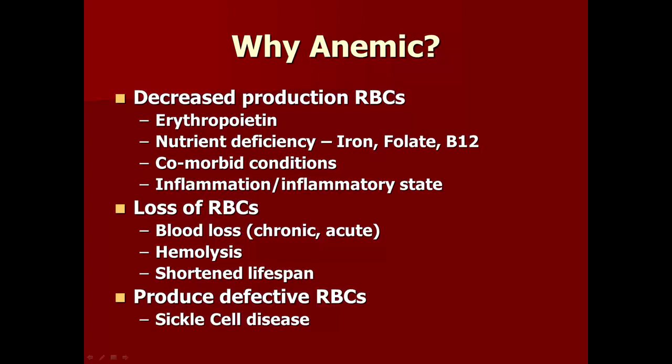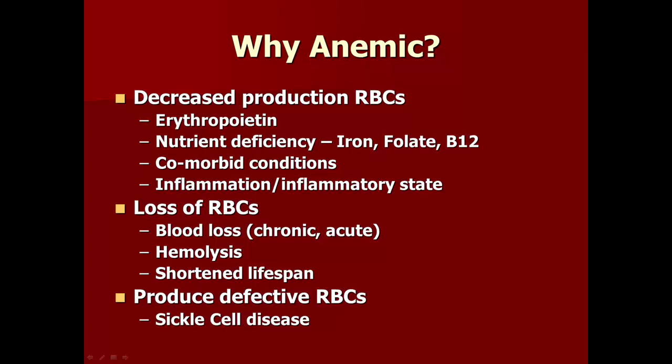Last but not least, I think we want to remember that in our physiology, in a normal red blood cell and in normal physiology, 90% of our red blood cells are phagocytized. And when we phagocytize our red blood cells, whether this is normal or abnormal breakdown, iron from that red blood cell goes into storage.